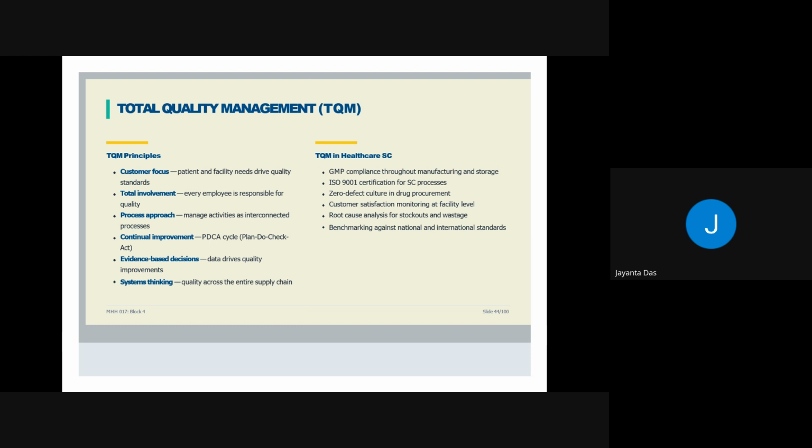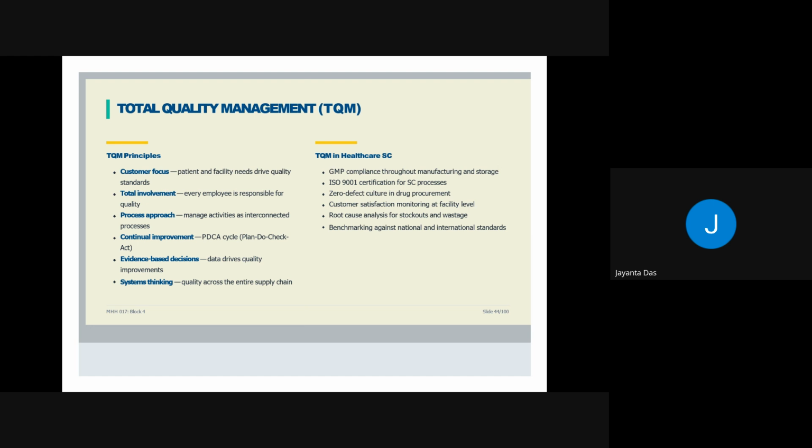Every employee should take responsibility and be accountable for their own job. Process approach, continual improvement, that is the PDCA cycle. That means we plan, do, check, and based on the feedback we get, we act and make the improvement for the next cycle.